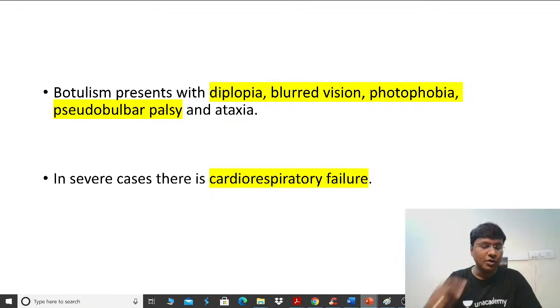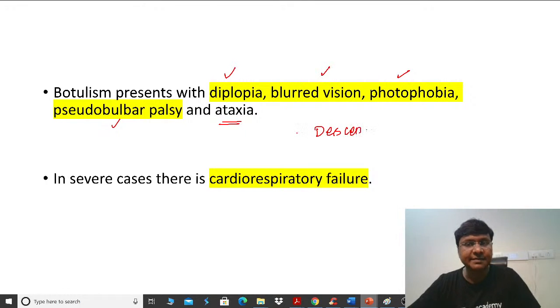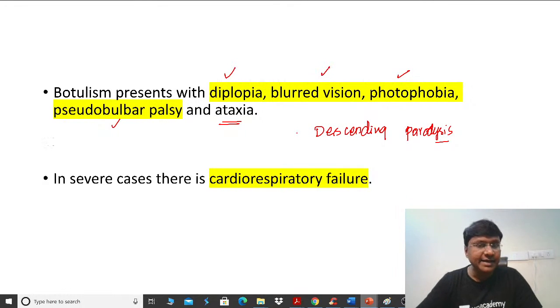They mainly have ophthalmic manifestations: diplopia, blurred vision, photophobia, and pseudobulbar palsy and ataxia. And these individuals with botulism have descending paralysis.